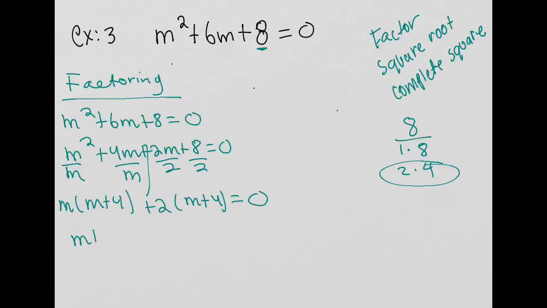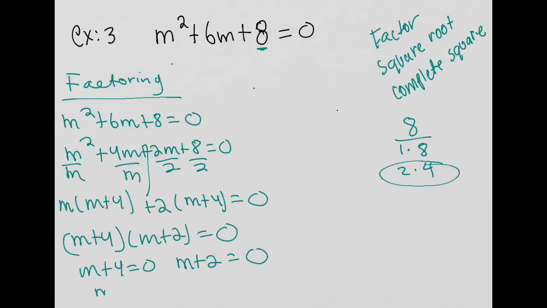Okay, so then (m plus 4)(m plus 2) equals 0. So m plus 4 equals 0, m plus 2 equals 0. Minus the 4 on both sides, so m equals negative 4. m equals negative 2.